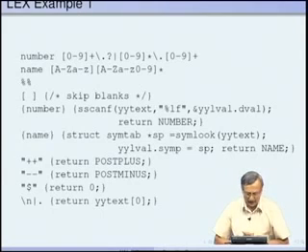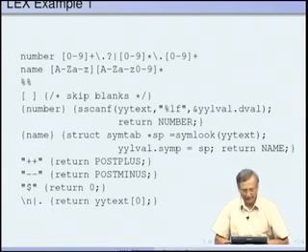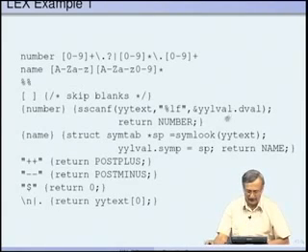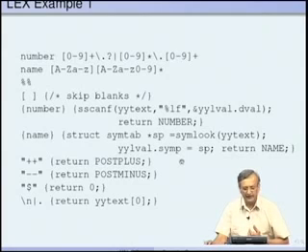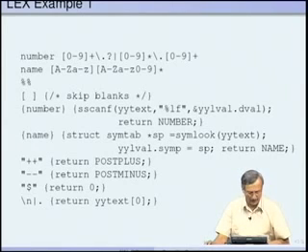And return number says the token which is generated is number, and that is returned by this piece of action code. Whatever is written in capitals, for example number, name, post plus, post minus, are actually tokens, and as we will see very soon, these tokens are defined in the parser, and the lexical analyzer is supposed to recognize and pass them to the parser.